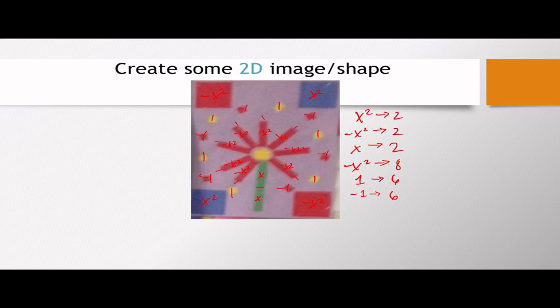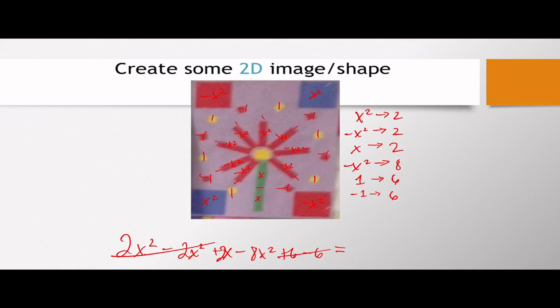So in all, we have 2x squared minus 2x squared plus 2x minus 8x plus 6 minus 6. Okay, so we can simplify here. These are opposites, so they're gone.